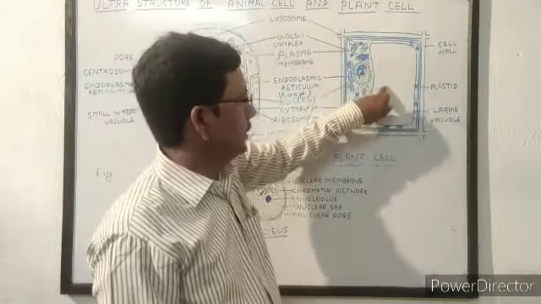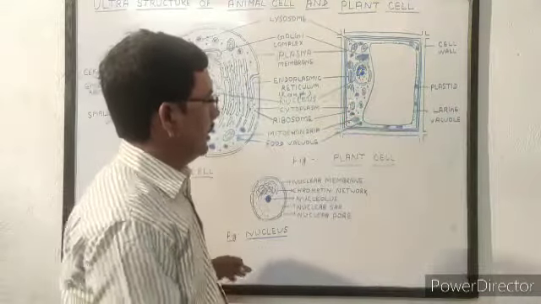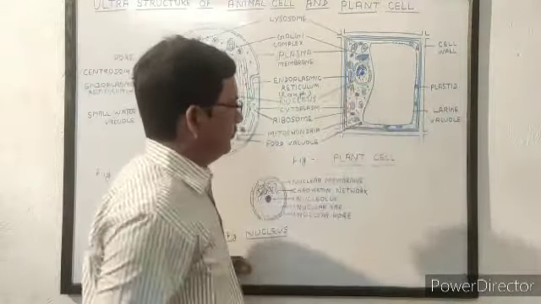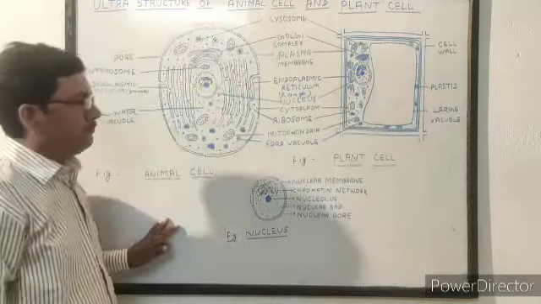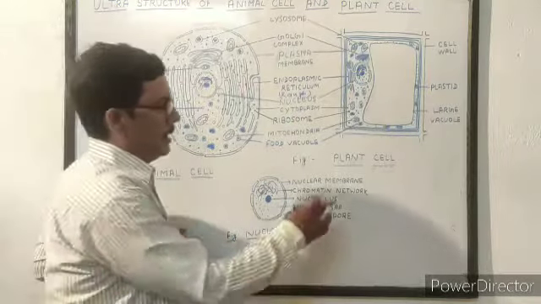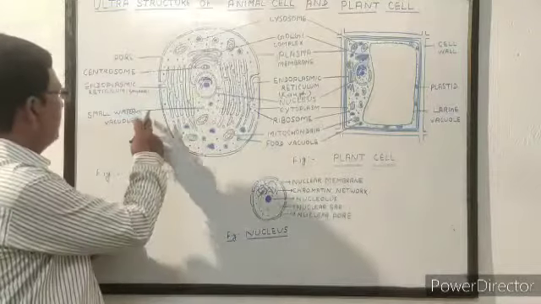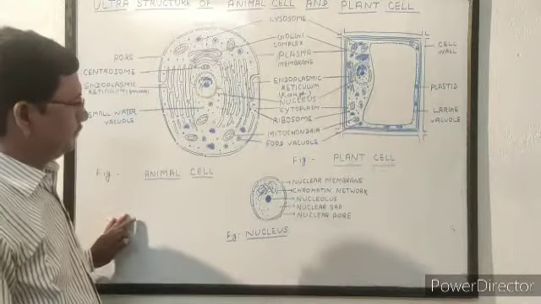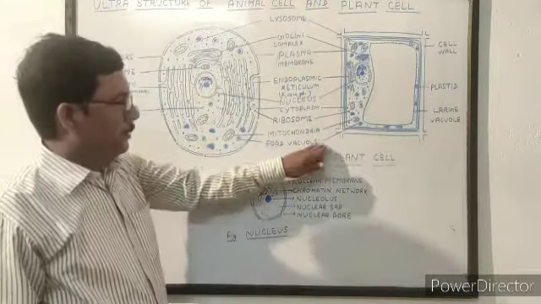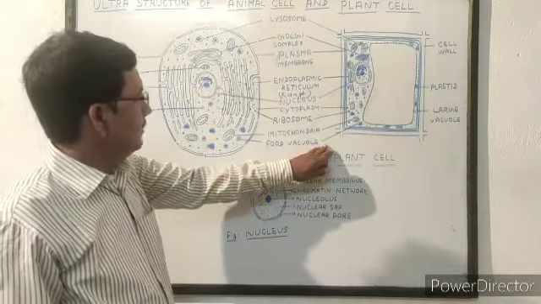Due to presence of single large vacuole, nucleus is pushed aside. That means in plant cell a single large vacuole is present, but in animal cell numerous small vacuoles are present. Food vacuole is present both in plant cell as well as in animal cell.